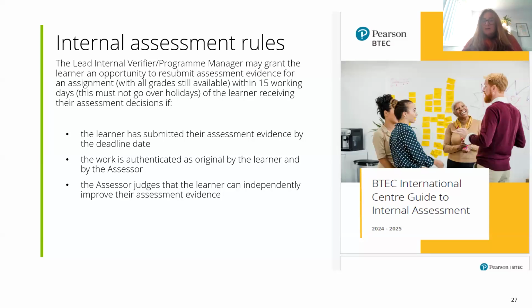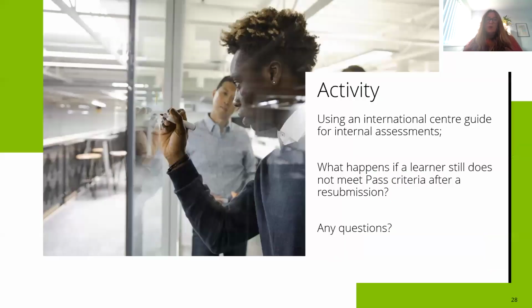But all of that guidance is within your internal centre guide, which is updated every year, and that's a screenshot of what you're looking for. Access that from the quality nominees or directly looking at the website. A question that you can do amongst yourselves as a team: what happens if a learner still does not meet pass criteria after resubmission?